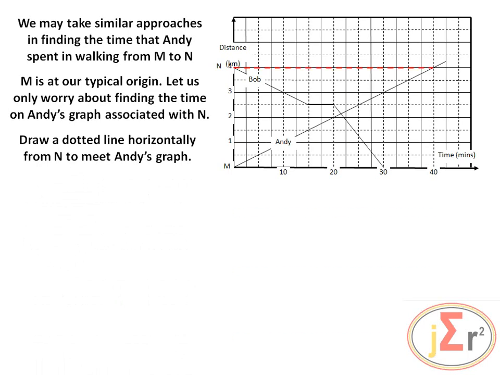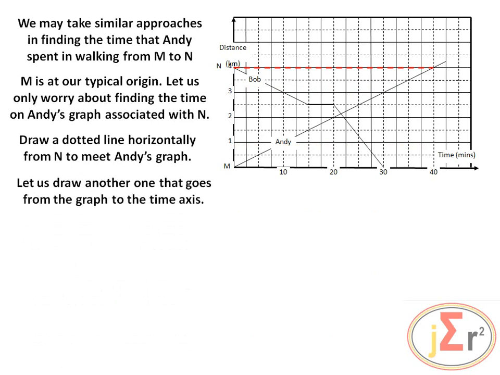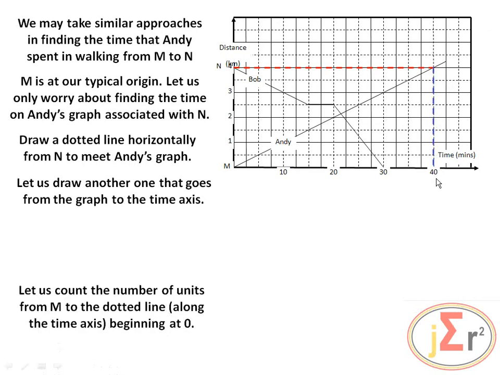So let us do that. There it is. And let us draw another one that goes from the graph to the time axis. So we're going to go from the graph to the time axis, which is right here. That is the line, and it is at 40.